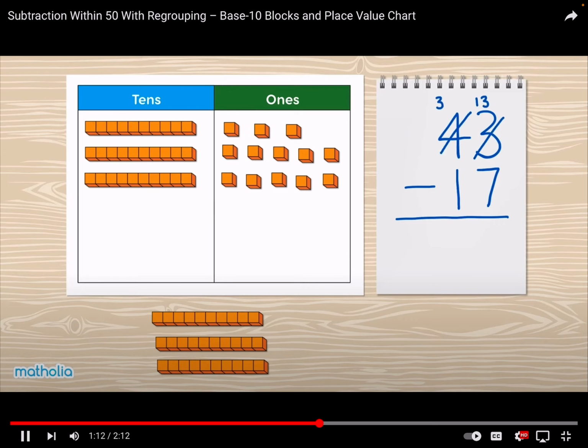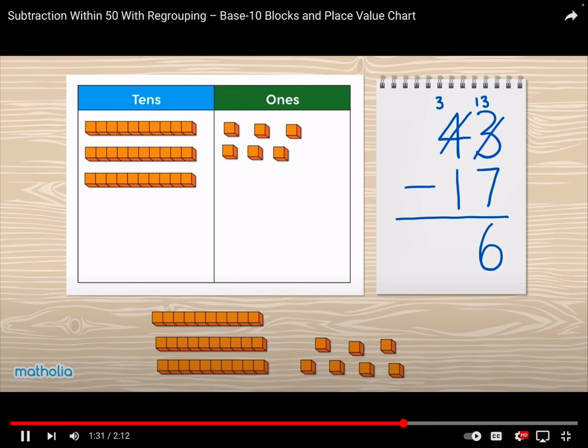Now we have enough ones to subtract 7. 1, 2, 3, 4, 5, 6, 7. How many 1 blocks are left? There are 6 ones remaining. Write 6 in the ones column.